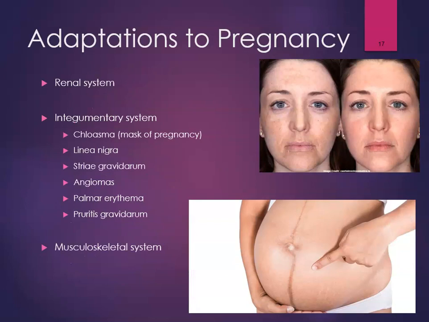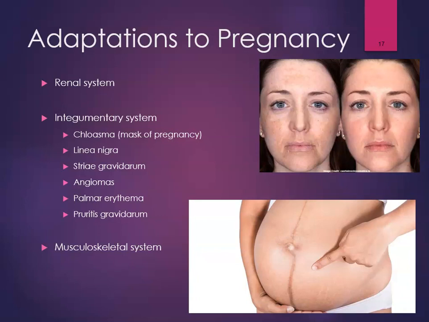So as far as the renal system, they don't concentrate their urine as well as they used to. So urinary frequency greatly increases throughout the entire pregnancy. It's not just in the end, when you're talking about the first 2 trimesters. It's related to hormonal changes that changes their filtration rate. So they have a higher filtration rate to filter that fluid through.